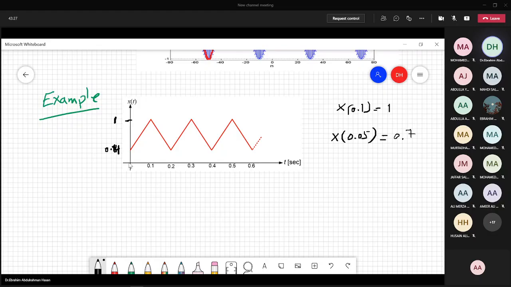Why? Because from here to here it is 0.1 and this is in the middle, and it is linear, so for sure it will be in the middle between 1 and 0.4, which is equal to 0.7. But what if we want x at 0.03, equal to what?